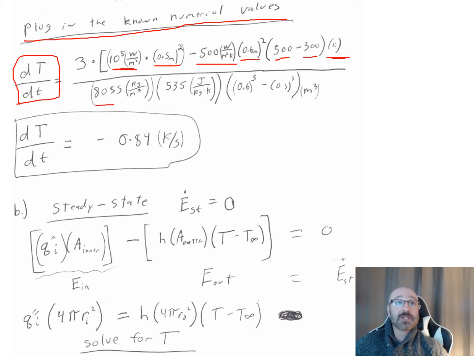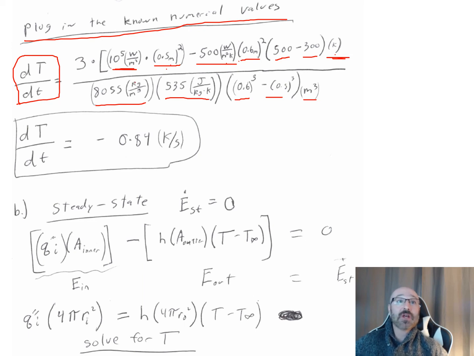Plug in our density term of 8,055 kilograms per meter cubed, our specific heat of 535 joules per kilogram times Kelvin, times our outer radius cubed minus our inner radius cubed in units of meters squared. Taking a look, everything's Kelvin, Kelvin, meters, meters, kilograms, kilograms, everything checks out.